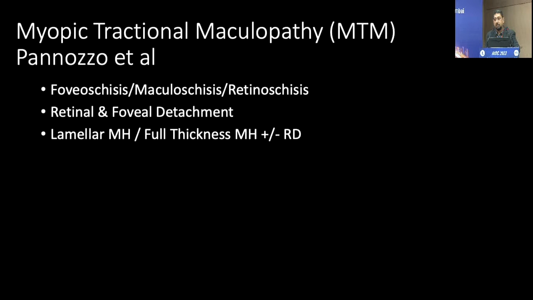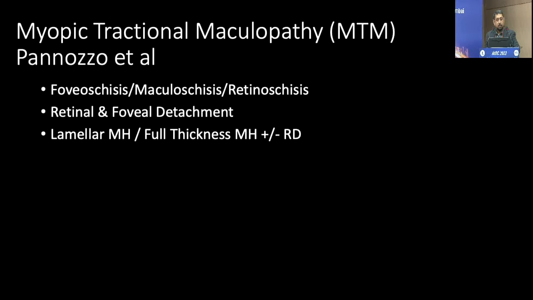Foveal schisis, where the disease process starts centrally and progresses towards a more global affection, that is retinoschisis. Then you have foveal detachments and large retinal detachments, and then you have the macular holes, which is not a sideways thing, it's a vertical thing, a lamellar to a full thickness macular hole.